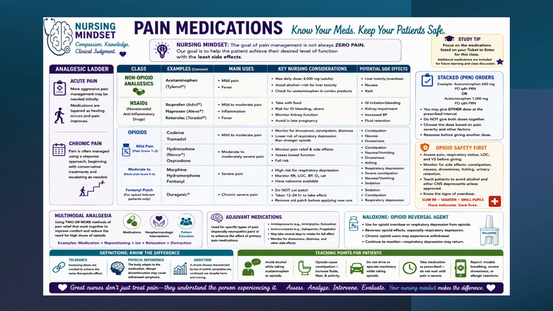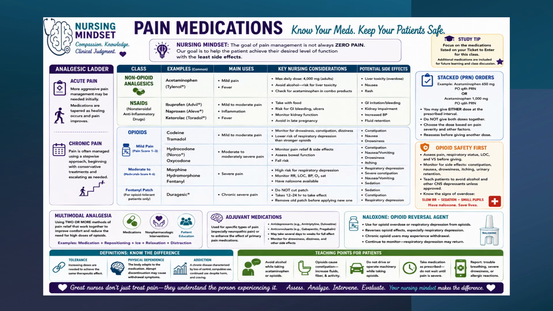When we talk about physical dependence, this means that the body has adapted to the medication, so withdrawal symptoms may occur if it's stopped abruptly. Now, addiction is different. It's a chronic disease characterized by loss of control, compulsive use, continued use despite harm, and craving. Understanding these differences helps reduce stigma and supports compassionate, evidence-based care.